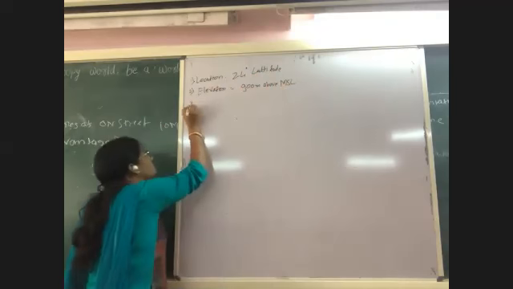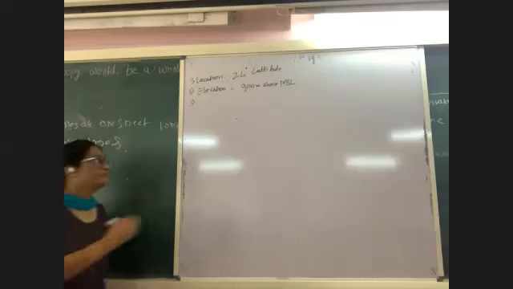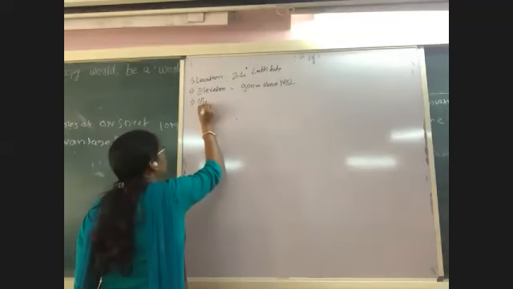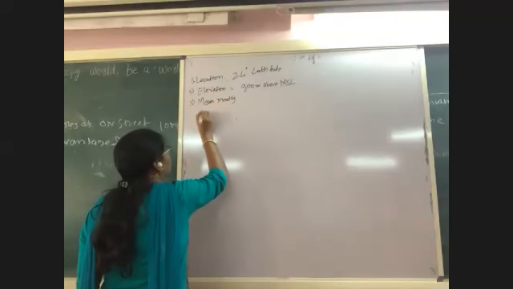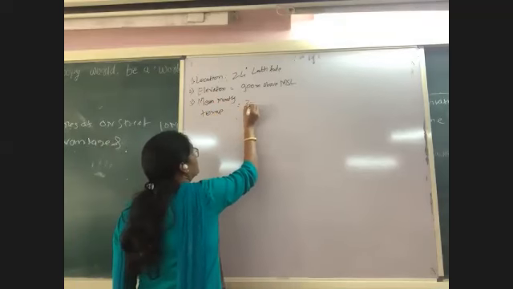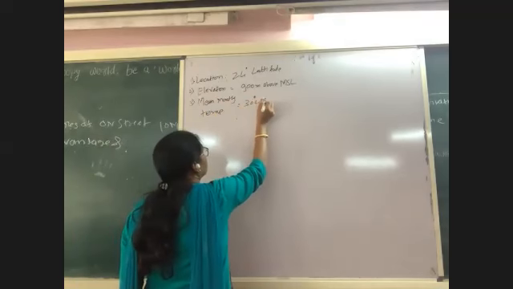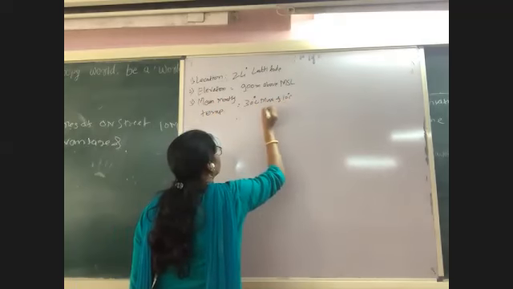Third data is given to you: mean monthly temperature, 30 degrees Celsius maximum and 10 degrees Celsius minimum.